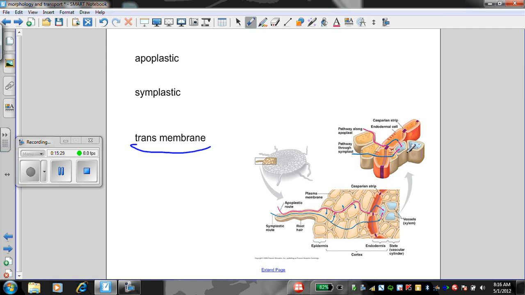If something is localized, maybe just on your fingertip, say something like a staph infection on your skin, that's not as bad as if that staph infection gets into your vascular system and starts moving throughout your body. You're going to have more issues in that scenario. So this is the way for the plant to protect itself from things spreading throughout that it maybe didn't want to have spread throughout.